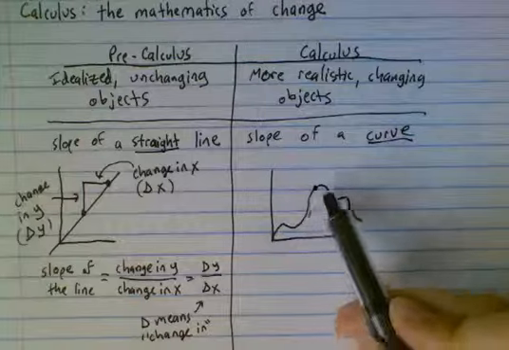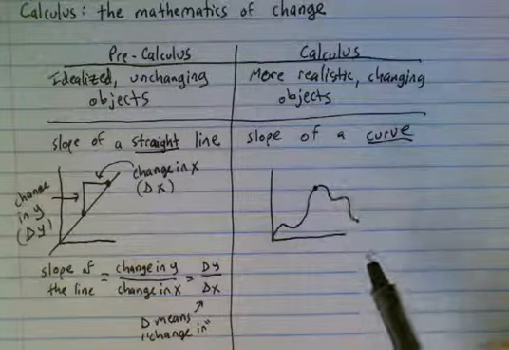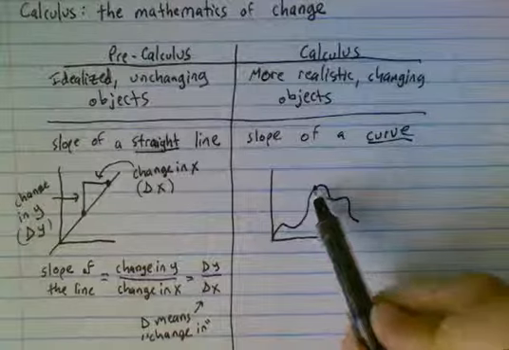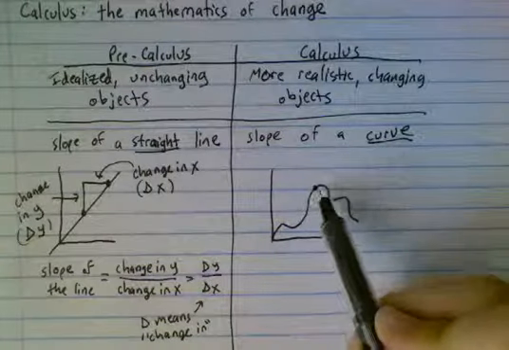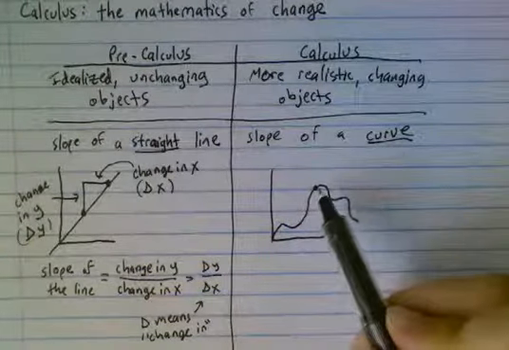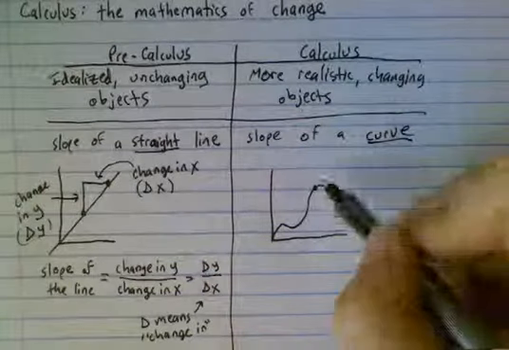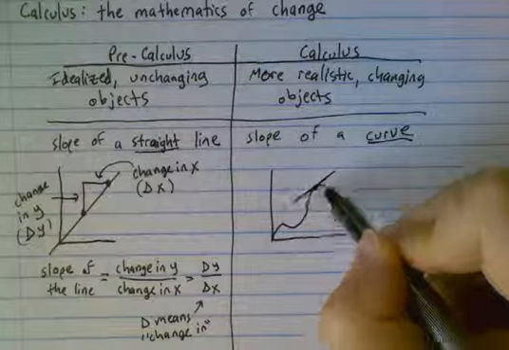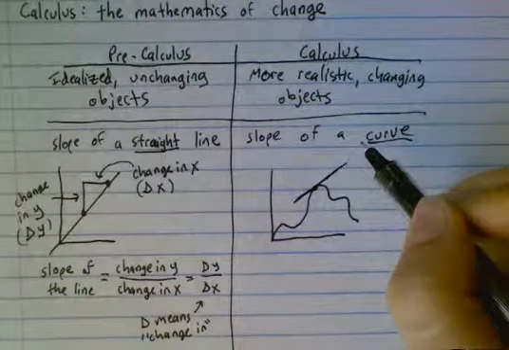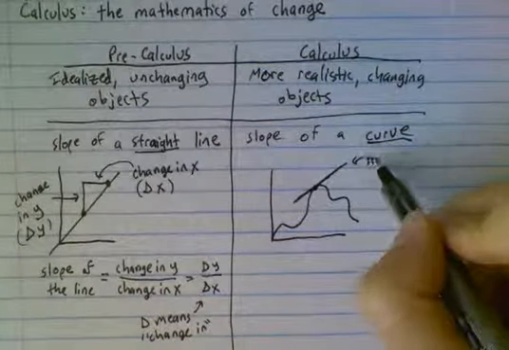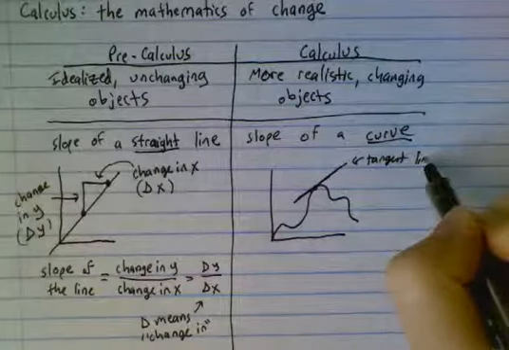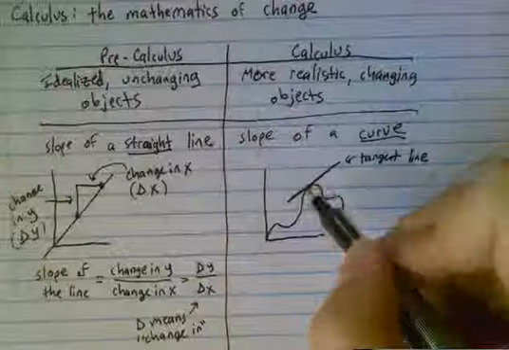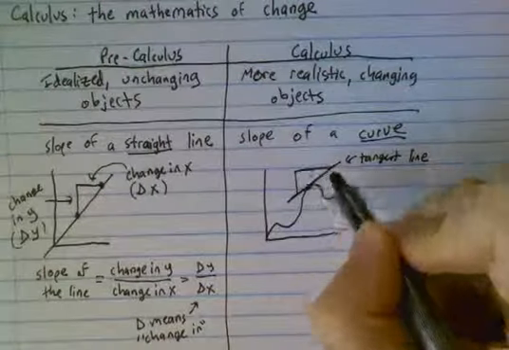The slope is changing as we go along the curve. This single point is so small that we can sort of imagine an infinitely small change in y over change in x right here. But we can't really see it. What we have to do is expand this curve and continue it as if it were a straight line. This is called a tangent line. And once we have that tangent line, now we can actually see our change in y over change in x again.